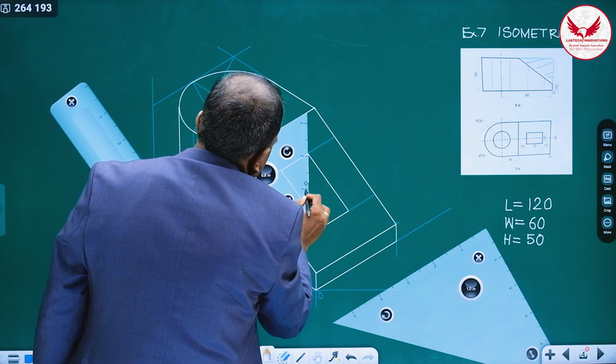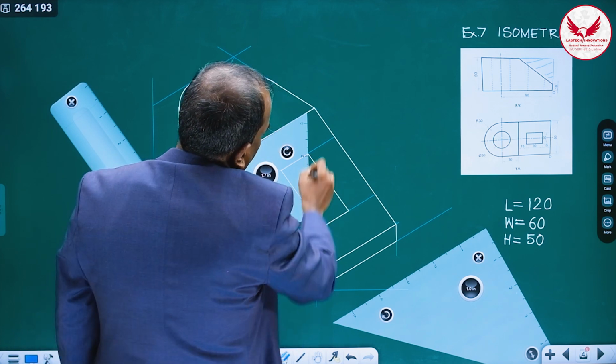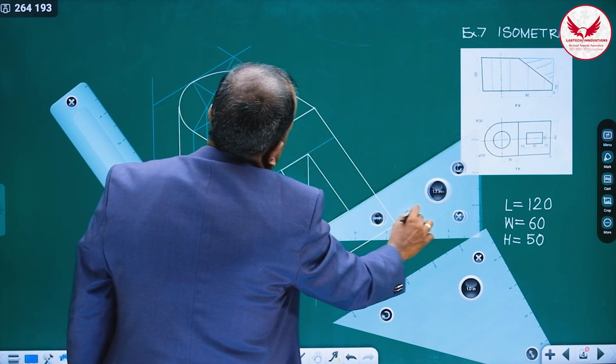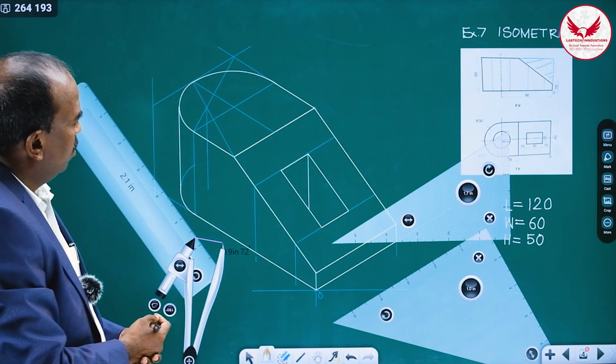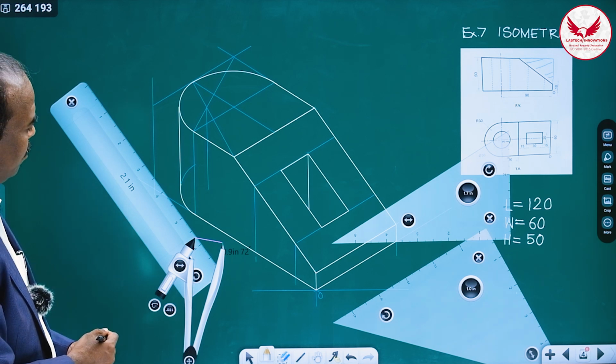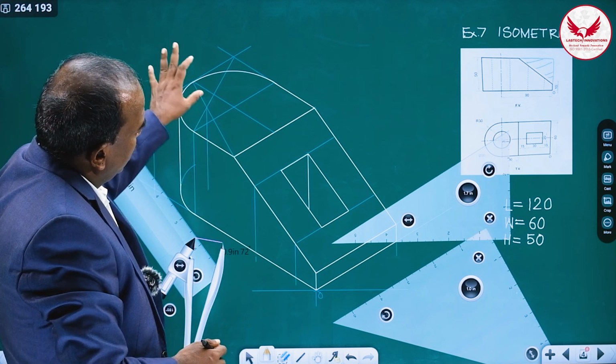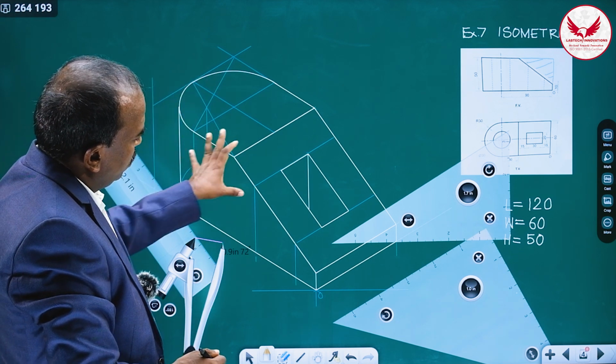So from this, only in that hole we have to mark this line. So this is the rectangular slot on the non-isometric surface. And then finally, what is remaining? The hole in this portion. So this should be your sequence.